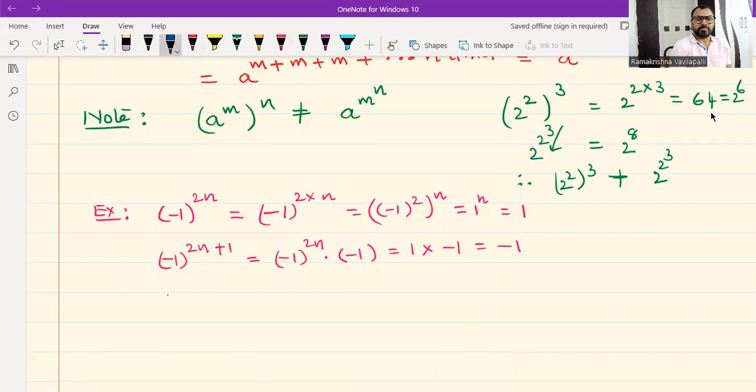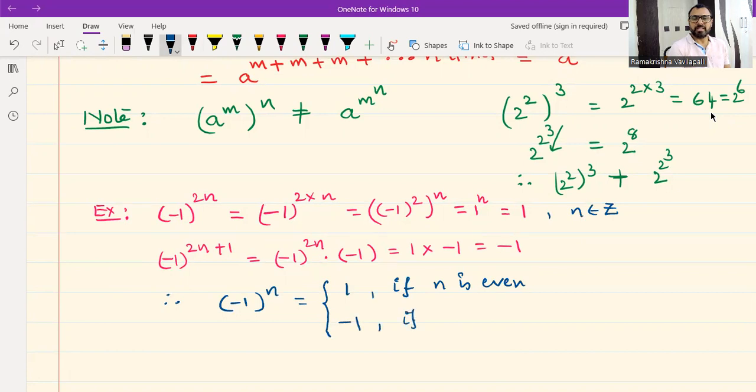Hence, we can write (-1)^n equal to 1 if n is an even integer, where n belongs to Z, and it is -1 if n is an odd integer.